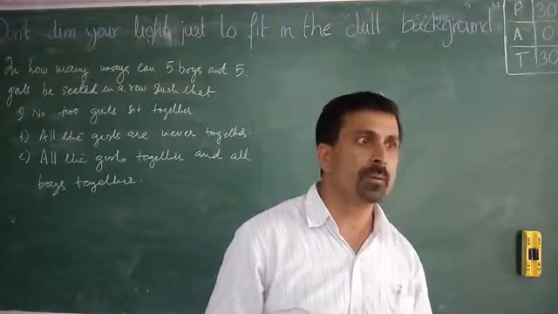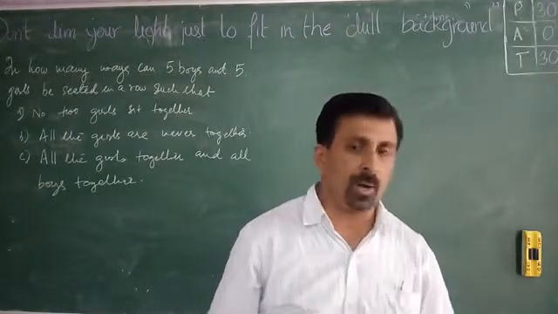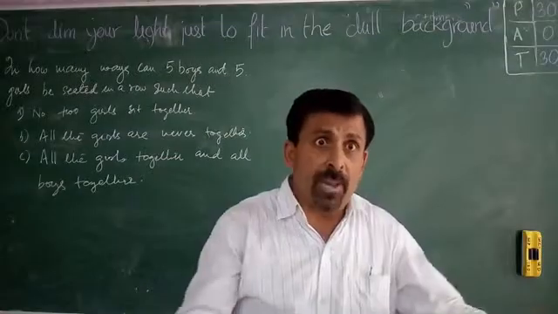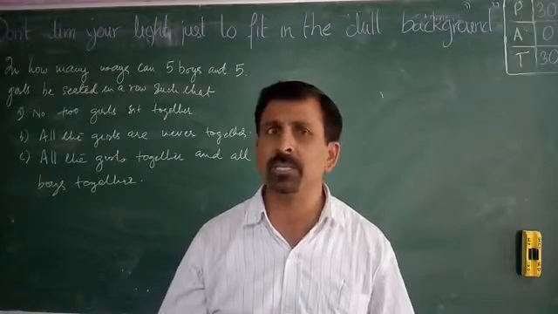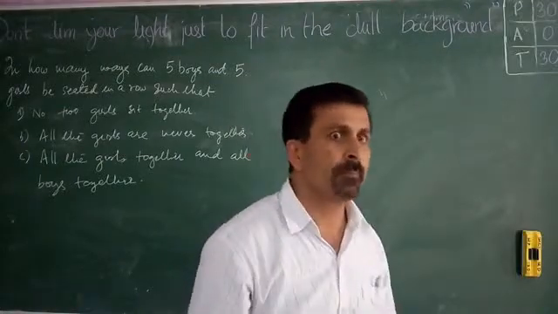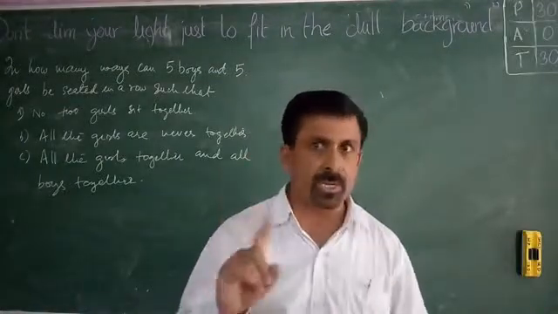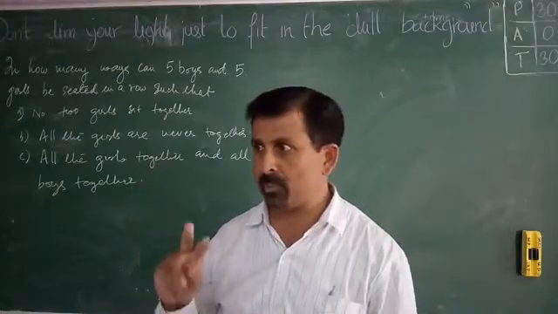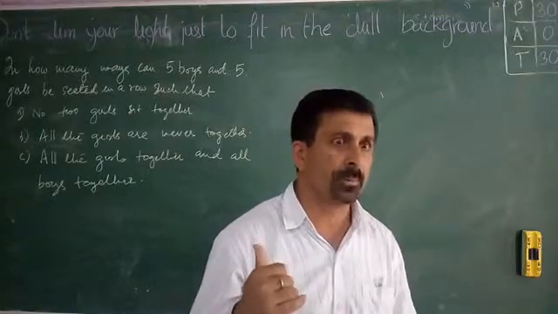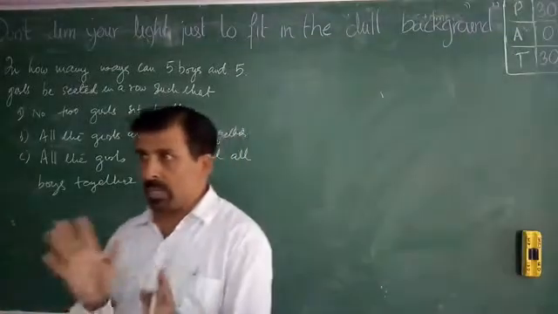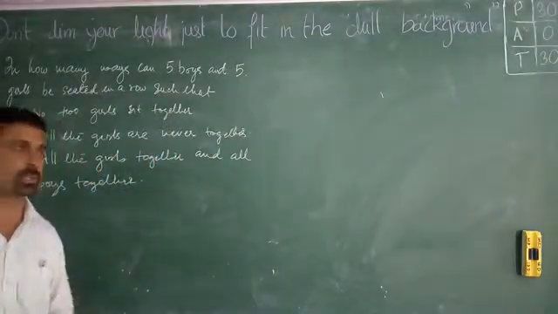Now when I am placing the boys, if I don't have enough space, I will go to nPr. If I have enough space, I will go for the principle of counting. So try to see the difference. That's why I am having these 2 portions very close to each other. These portions are not given in your book. This is just to show you the actual difference between 2 very close questions.